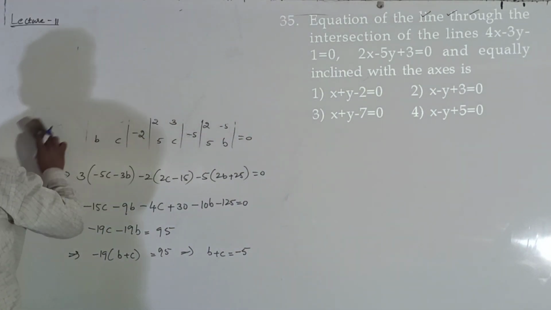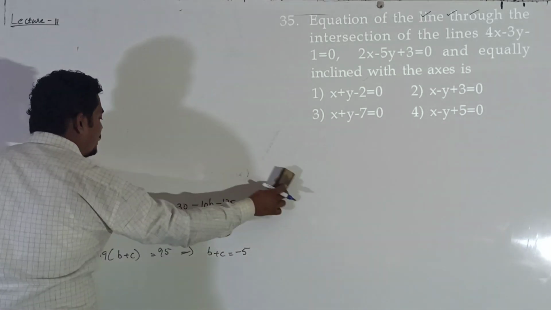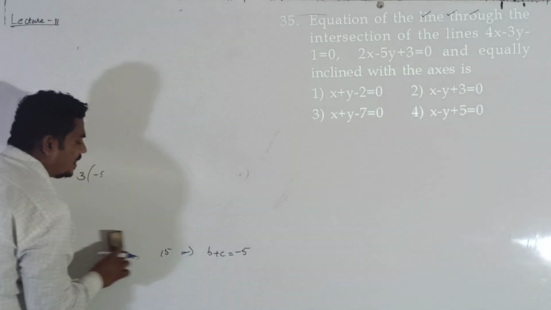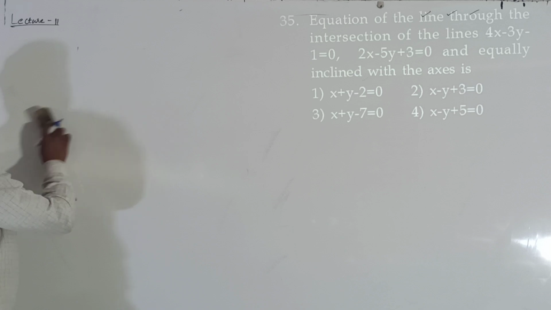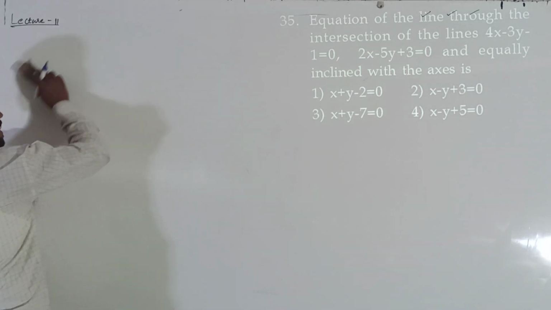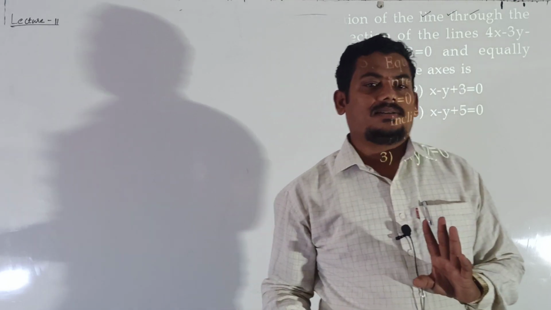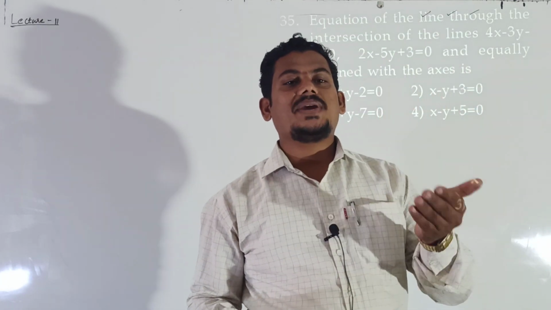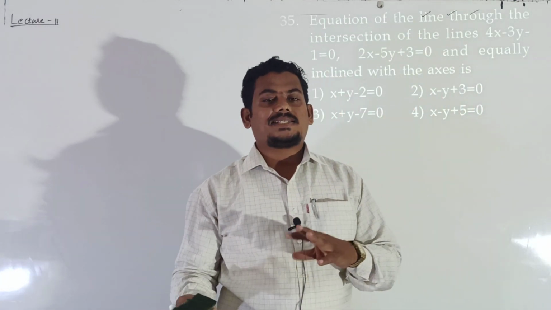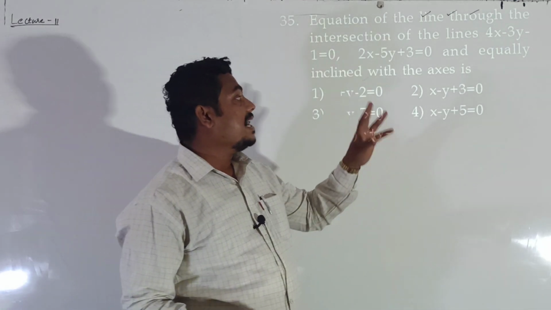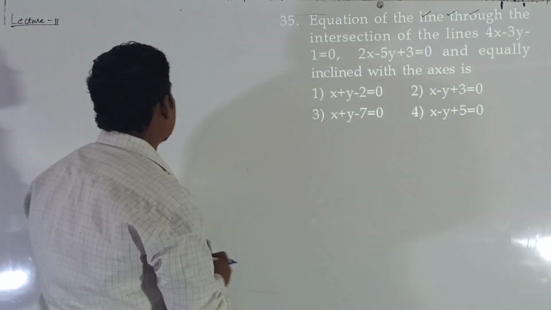Equally inclined means the x-intercept is the same as the y-intercept, it makes equal intercepts on the coordinate axes. Our required line makes equal intercepts and passes through the intersection of these two lines.